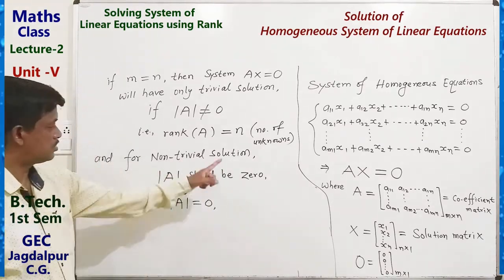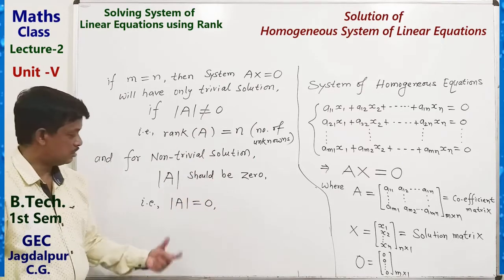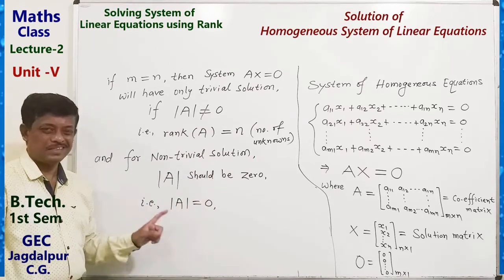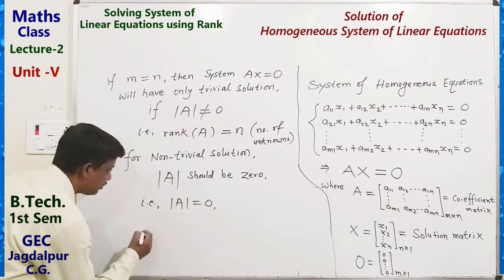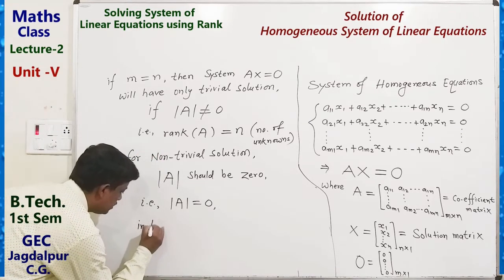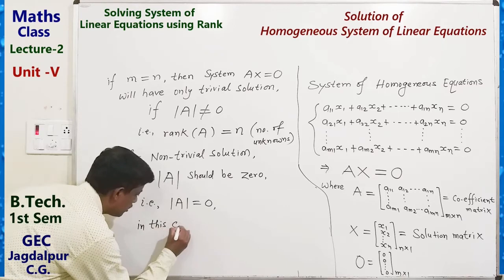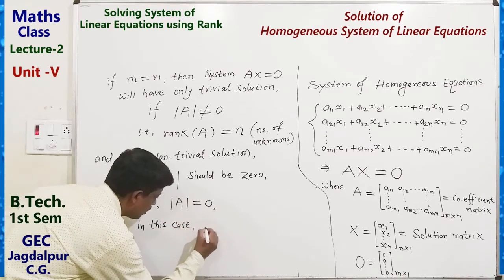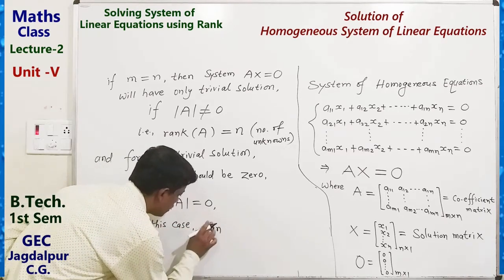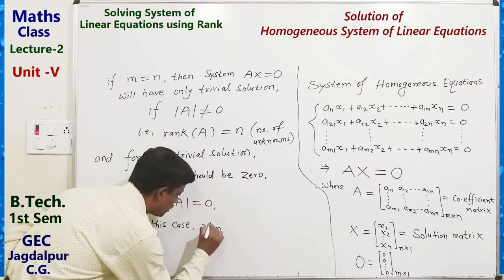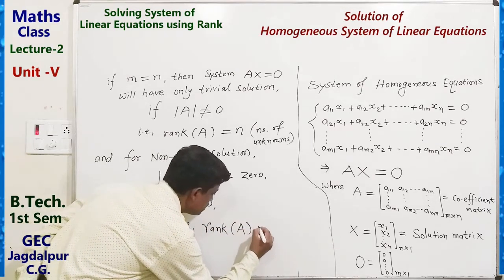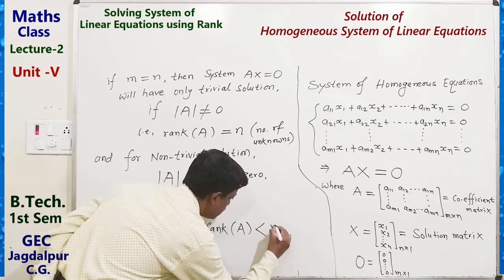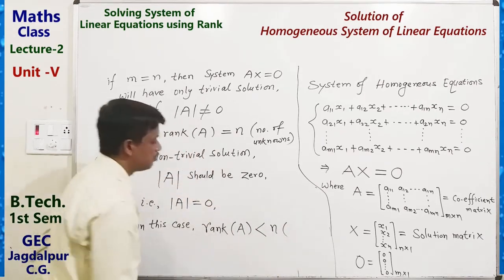For a non-trivial solution, determinant A should be 0. In this case, the rank of A is less than n, the number of unknowns.